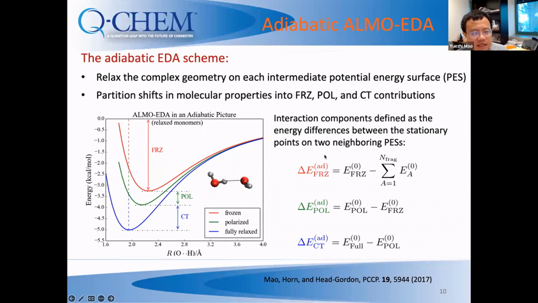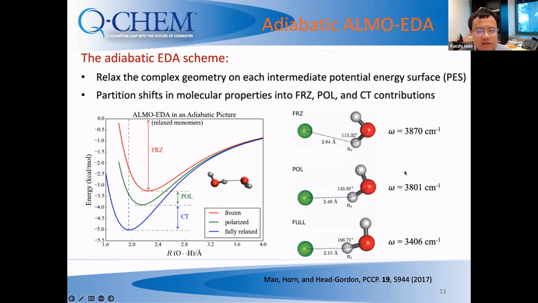But more importantly, this is a useful method which can partition not only energy but also molecular property shifts into contributions from frozen, polarization, and the charge transfer. So here is an example of the application of this adiabatic EDA, which is just a water chloride complex.